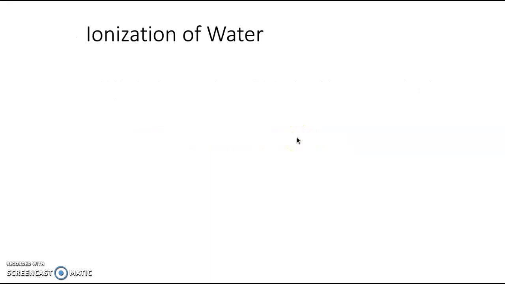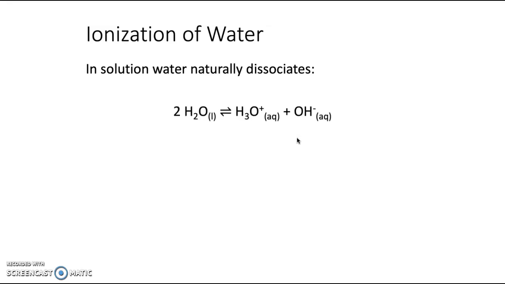Okay, next idea here is the ionization of water. If you have a glass of water, pure water, no other ions dissolved in it, sitting on the counter, naturally this is happening all the time. So 2 water molecules right here will bump into each other.